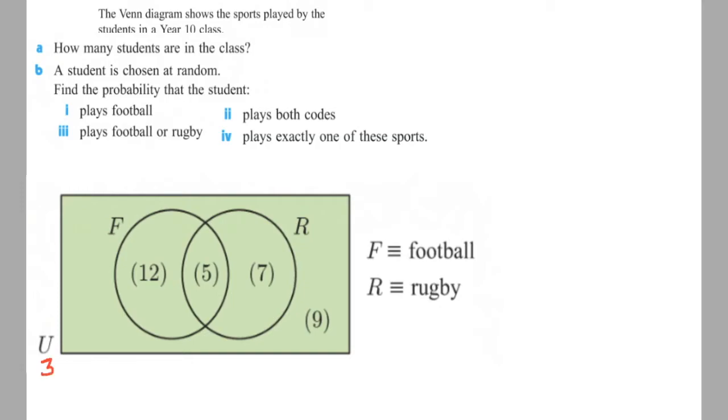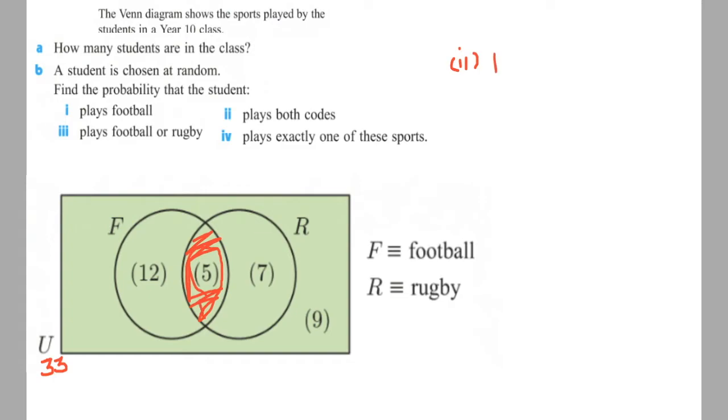We have seen there are 33 students in the class. I just changed the format of the board to accommodate all the parts properly. So let's answer the second question. Place both the code. So here we are referring to this common area, common region, because that indicates all those students who are playing both the sports.